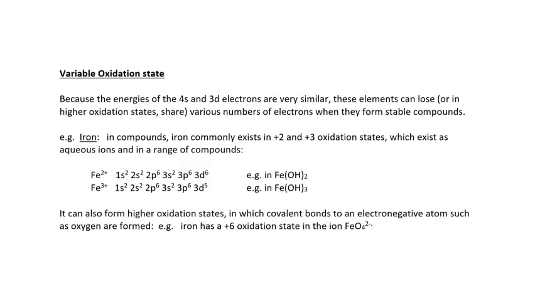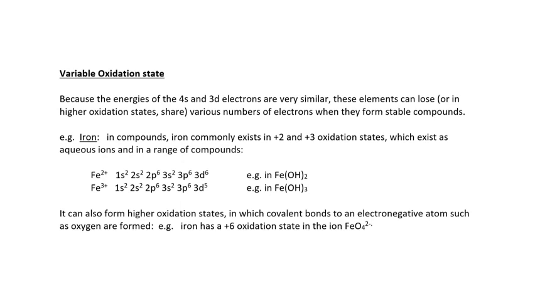So for variable oxidation state, as we said, the reason they can do that is because the energies of 4s and 3d electrons are very similar. So having removed the 4s, it's not then a huge leap in energy to start removing 3d as well. And you just need to be able to exemplify that if they ask you, how is this illustrated?